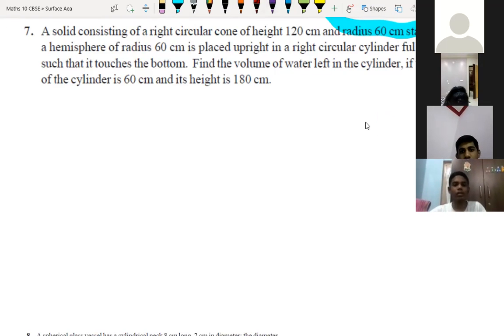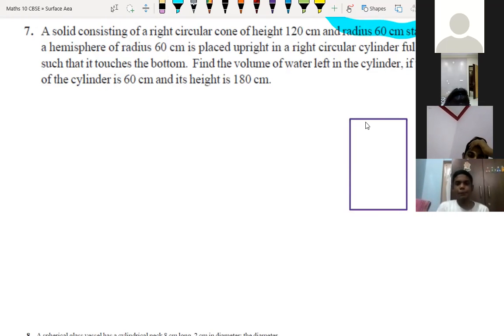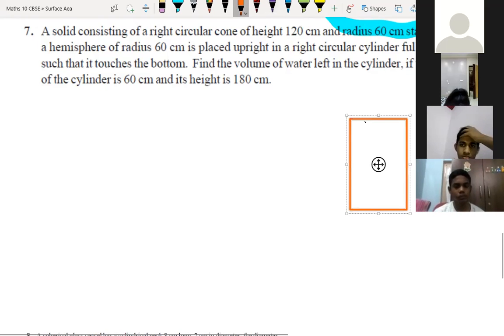A solid consists of a right circular cone of this much height, standing on a hemisphere, placed upright in a right circular cylinder. First we make the right circular cylinder, then we decide what is happening over here. So this is your cylinder.